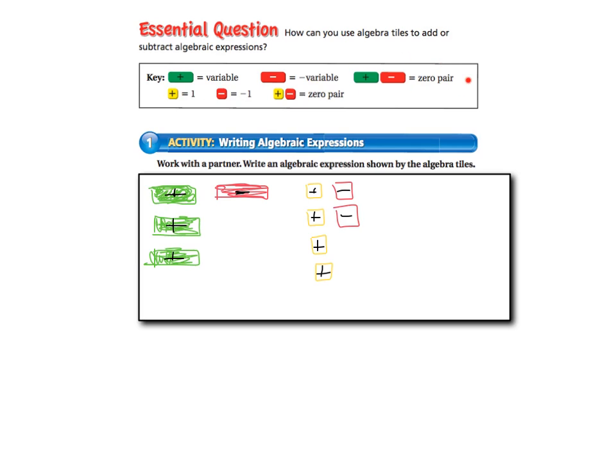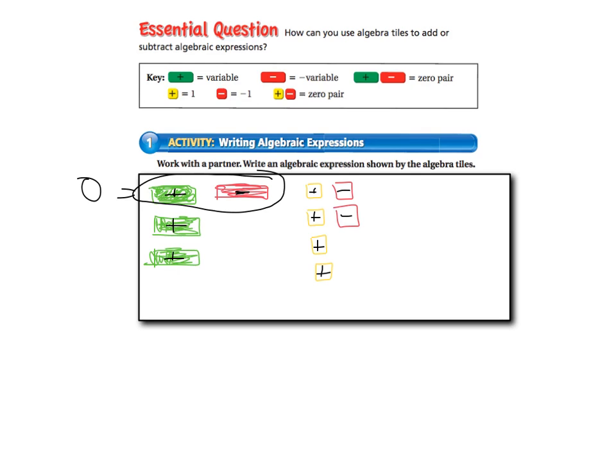So whether it's a variable or a number, if we have a positive and a negative variable together, it'll equal 0. Or if we have a positive and a negative number, that would equal 0. So we can see right here that we have a positive and a negative variable. So these two combine to make a 0 pair. So we don't have to worry about that because a plus and a minus variable equals 0.